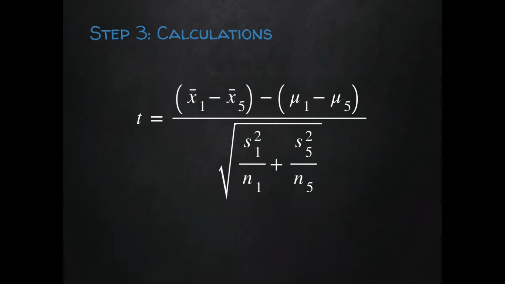To do our calculations here, this is the test statistic formula. You can see that it's rather daunting. We have the difference in our sample means, x bar sub 1 minus x bar sub 5, minus mu sub 1 minus mu sub 5. You'll recall from our hypotheses that we believe this is 0, divided by the standard error of the combined distributions.